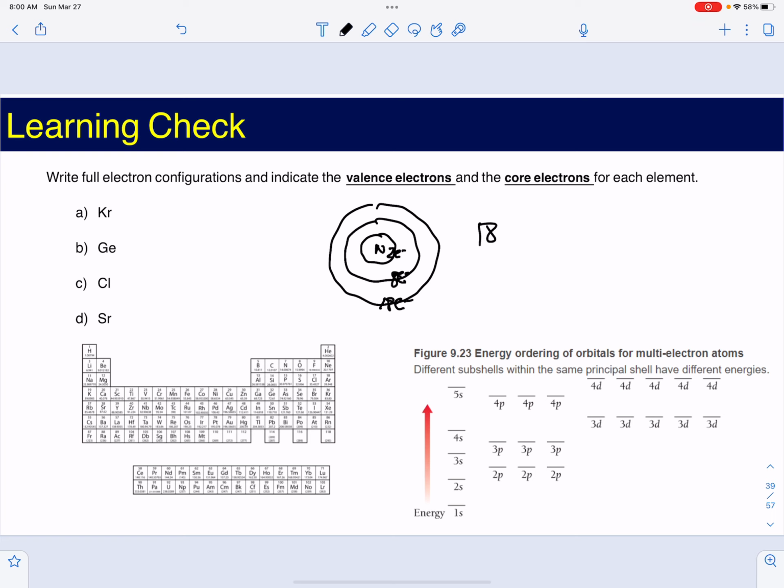So the 18 electrons are going to be my valence electrons, and the other 10 electrons are going to be my core electrons. So that's the concept.